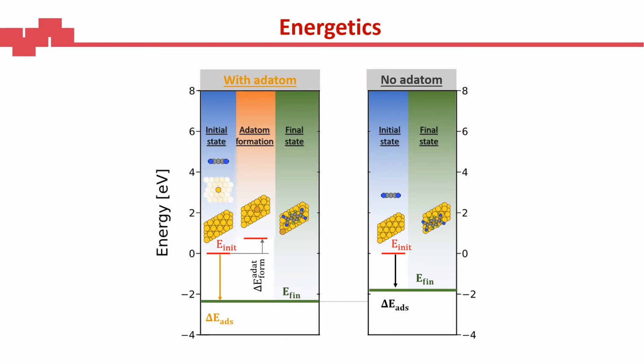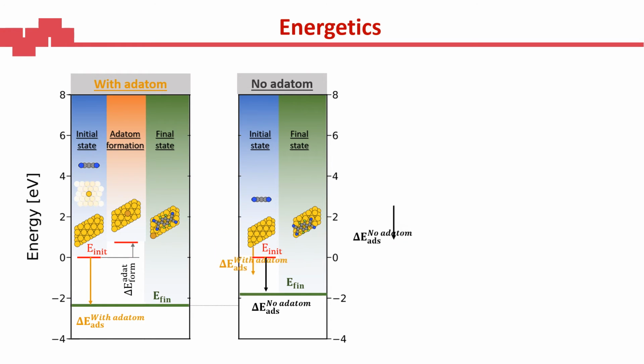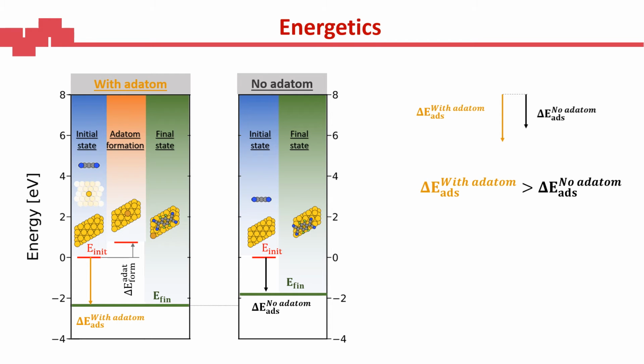Because when we compare the case with adatoms to the case without adatoms, we find that the adsorption energy in the case where the adatoms are present is so much bigger than the adsorption energy without adatoms that this even makes up for the energy needed to extract the adatom from the bulk phase.